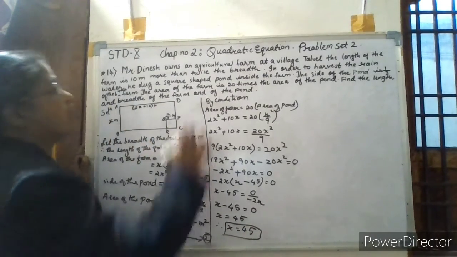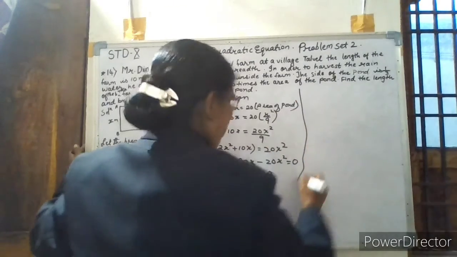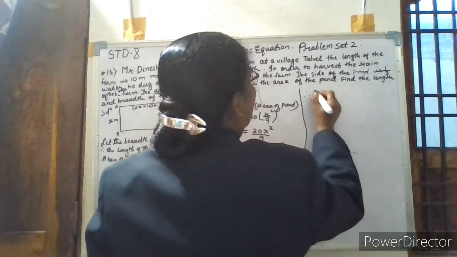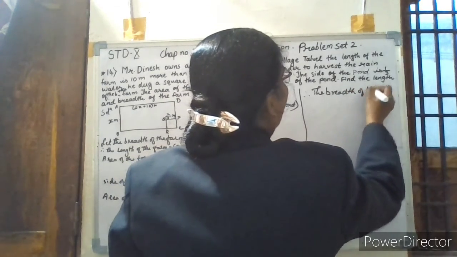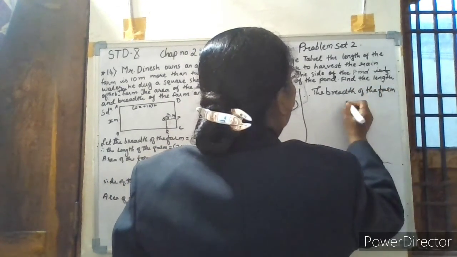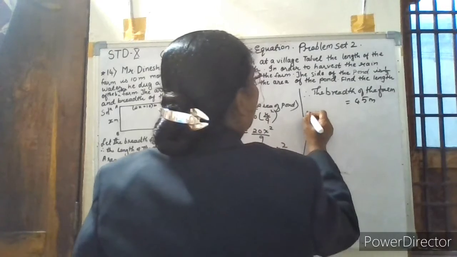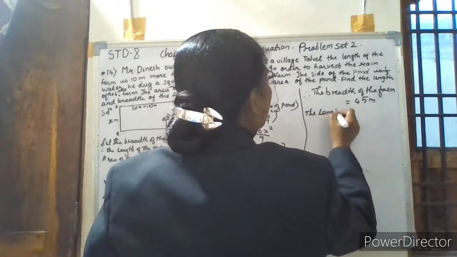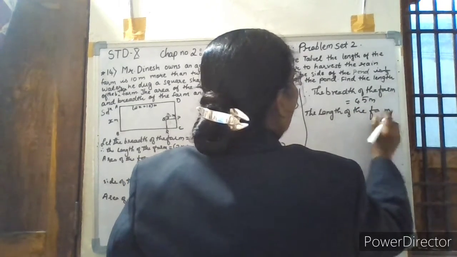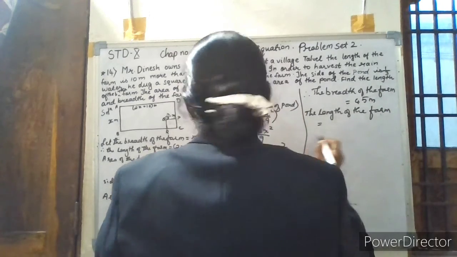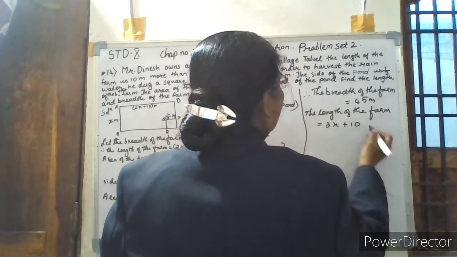So what is this x? The x is the breadth of the farm. Therefore the breadth of the farm is equal to 45 meters, and the length of the farm is 2x plus 10 meters.